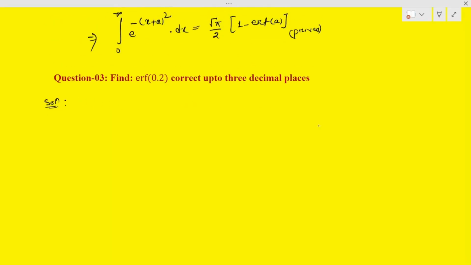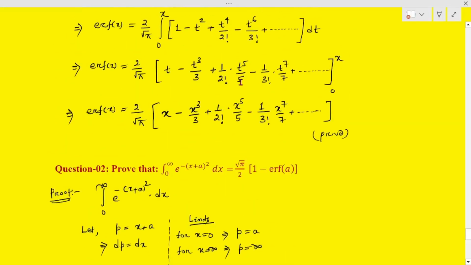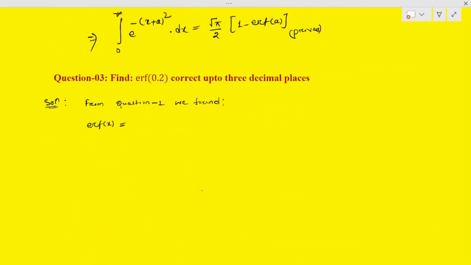In your exam, you can write like this: from question number 1, we found the error function of x is equal to 2 by root pi whole into x minus x cube by 3 plus 1 by 2 factorial x to the power 5 by 5 minus 1 by 3 factorial into x to the power 7 by 7 plus so on.